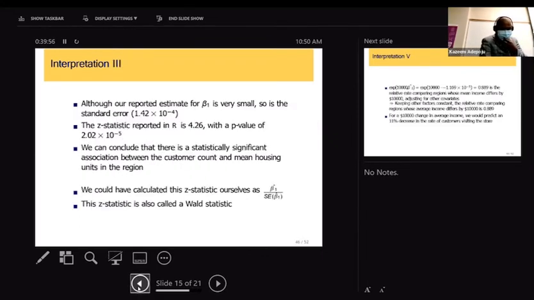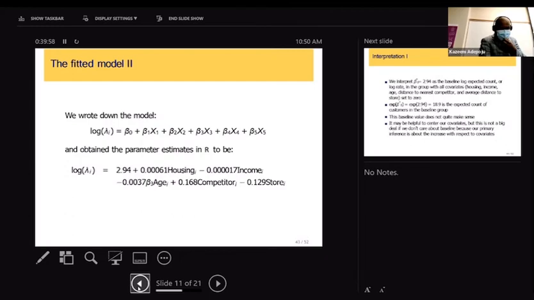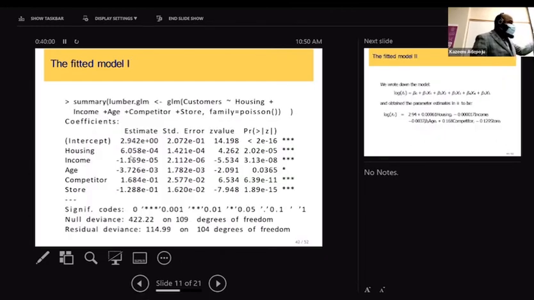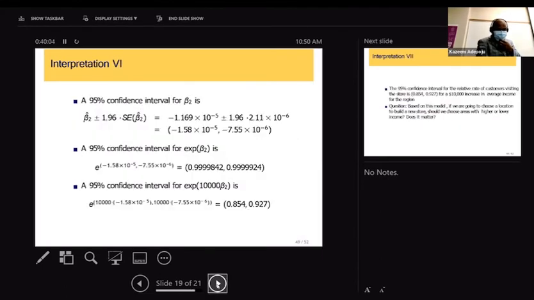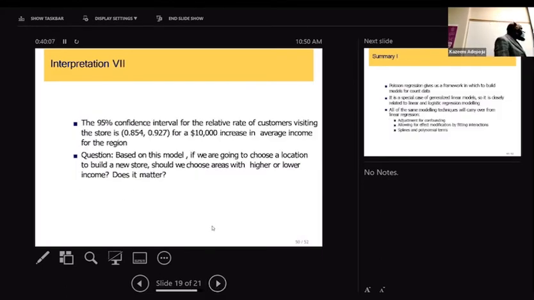Income here is negative. Now the question we are asking is, when we are considering choosing a location to build a new store, should we choose an area with higher or lower income? And does it really matter at all? That's a question that we normally want to answer before going into the model.